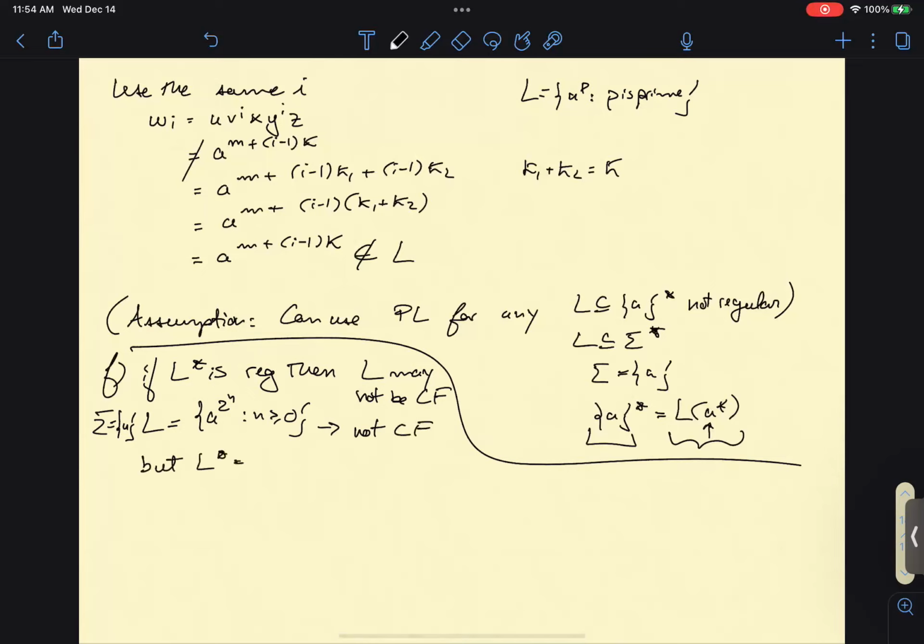But L star is equal to A star. Because when n is equal to 0, you get A to the 2 to the 0, which is A to the 1. And so you already have A star inside. So you can create all of the strings already.